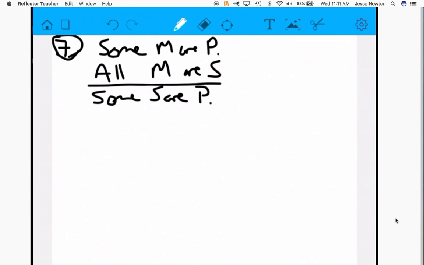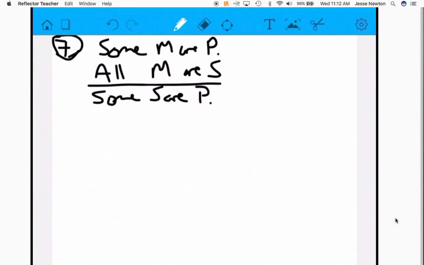Now, what is the, we could do this. I probably should have done this on the previous one. But what is the mood of this argument? Hopefully you said it's I, and the figure is figure what? Anybody want to take a guess what the figure is? The figure in this one is figure 3.